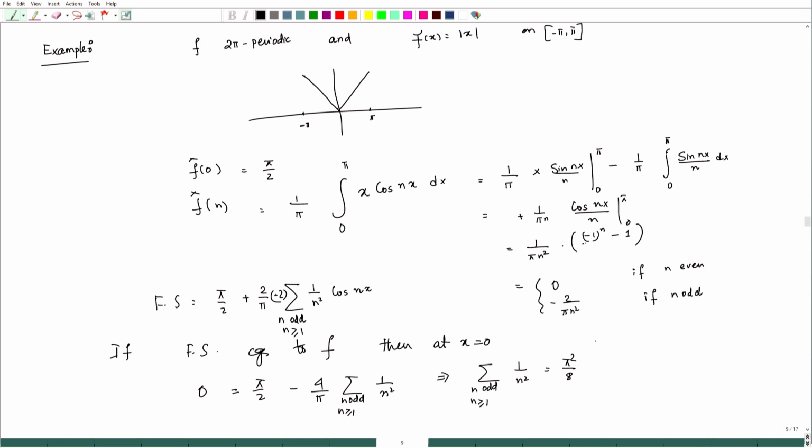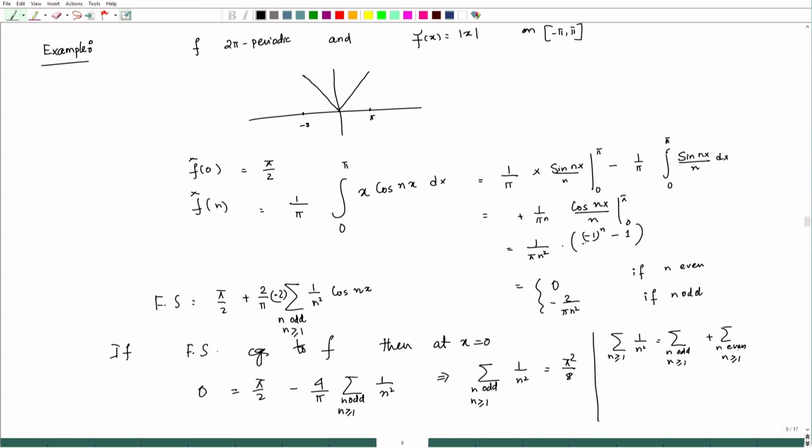So far so good. Now, if I am writing summation over n greater or equal to 1, 1 by n square, this I can break into summation over n odd, n greater or equal to 1, plus summation over n even and n greater or equal to 1.